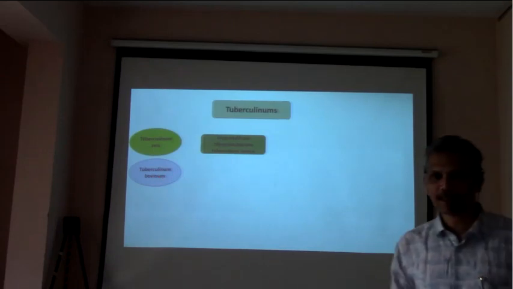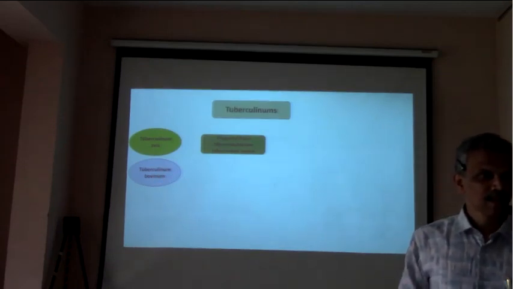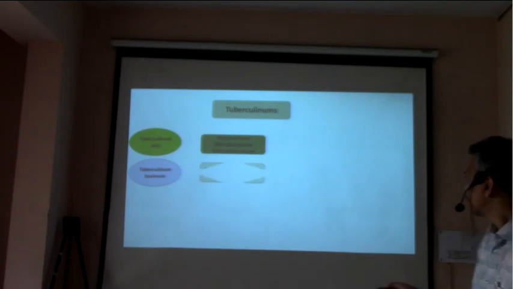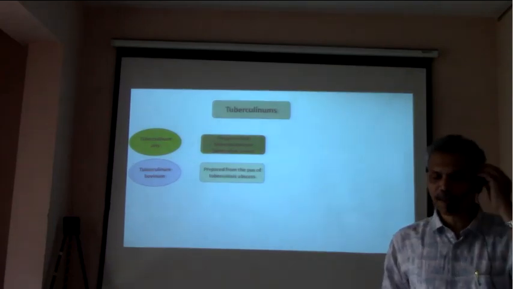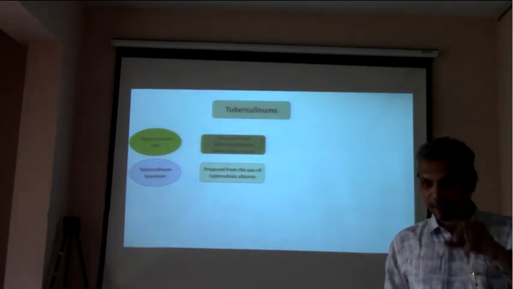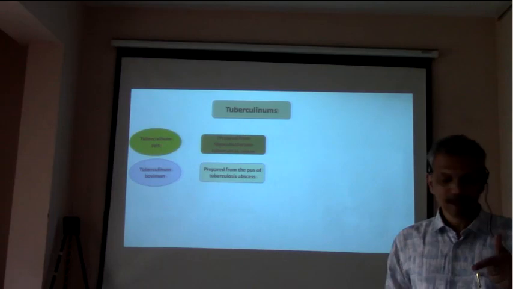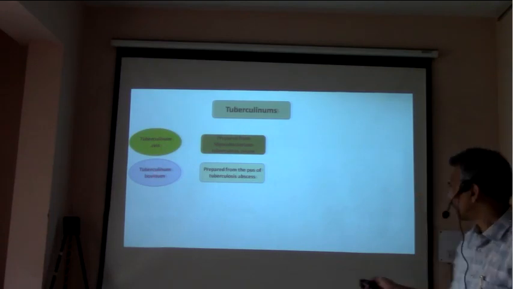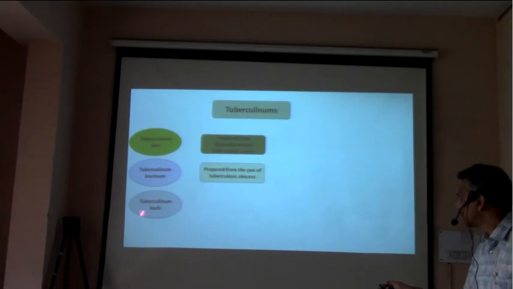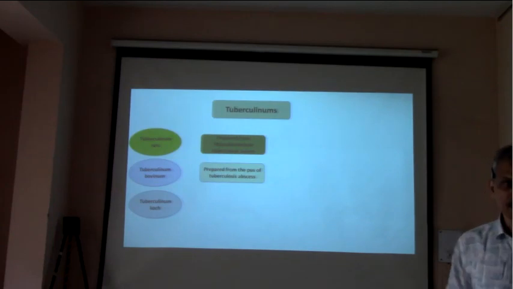Okay. Any idea what this is? From cattle. Okay. So prepared from the pus of tuberculous abscess. So when you have a remedy which is prepared from the tubercular abscess pus, we call it Tuberculinum bovinum.